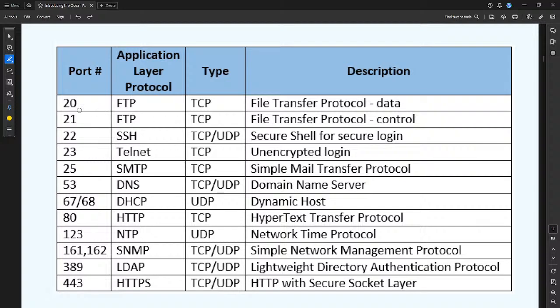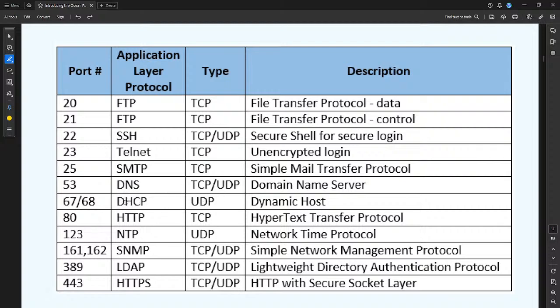You can see port 20 is the File Transfer Protocol, port 22 is the Secure Shell, SSH, the Secure Socket Shell, for secure login. Telnet is also for remote connections. You can see SMTP, which is the Simple Mail Transfer Protocol. We have the Domain Name Service, or the Domain Name Server, as you may call it.